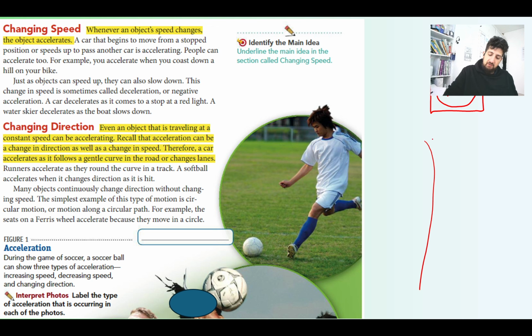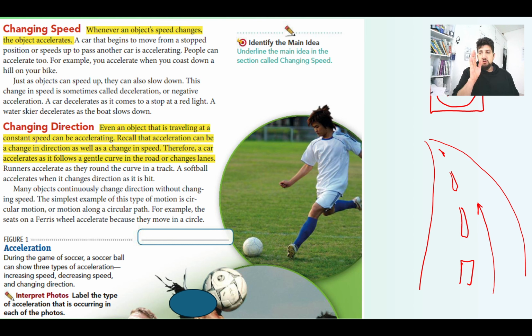But however, if the road looks like that, what this means is that the road is curving. So as I'm going along the road, I'm curving. What that means, I'm changing my direction. So I'm going north, but I'm forced to go slightly at an angle, slightly at an angle, slightly at an angle. And therefore, as I'm changing my direction, I'm actually accelerating. Even if my speedometer says 120, I'm actually accelerating because I'm changing direction.